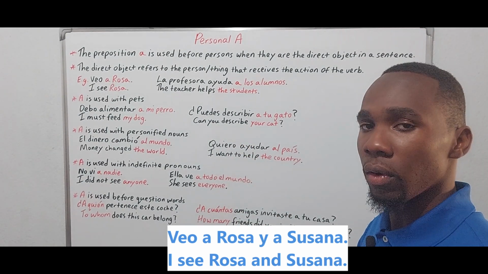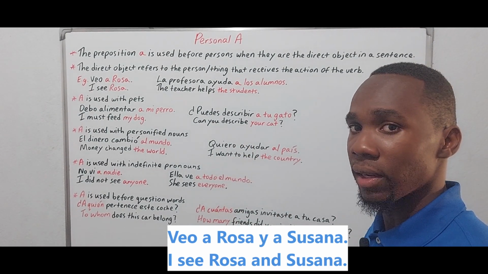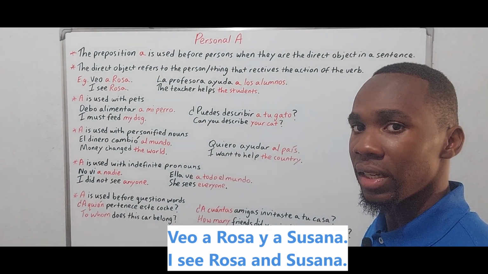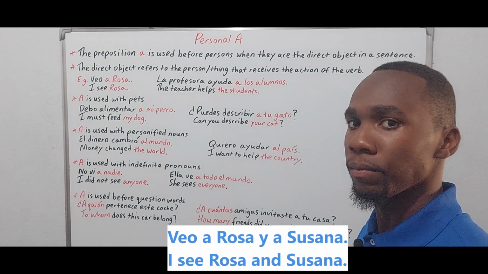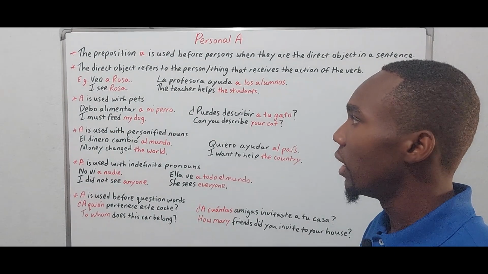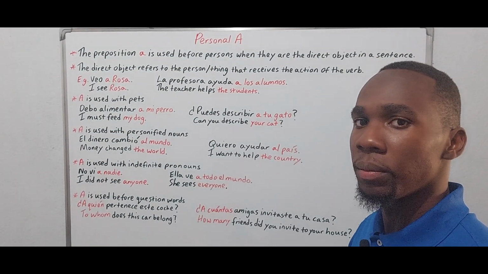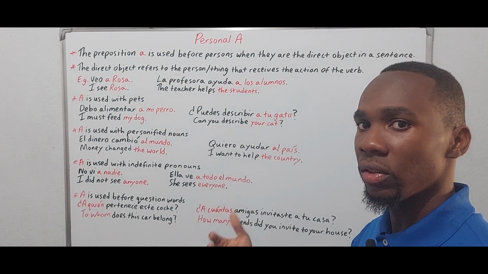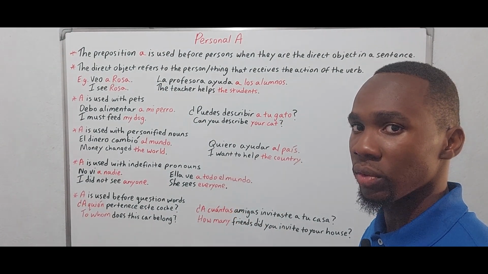So I see Rosa and Susana. Veo a Rosa y a Susana. So just remember, if you have more than one person, the a must go before each of those individuals.